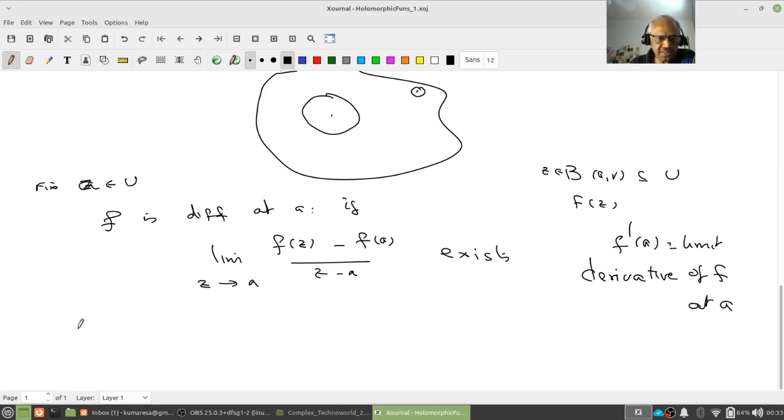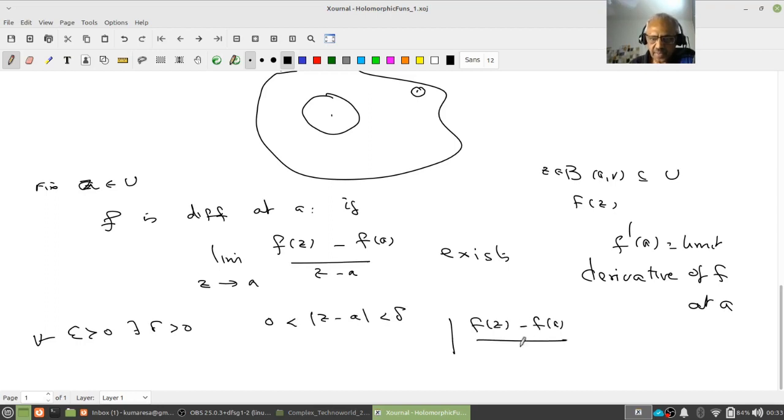So let's just recall, this means: give me any epsilon positive, there is a delta positive so that if the distance between Z and A is less than delta, then the distance between (f(Z) minus f(A)) by (Z minus A) minus f'(A) is less than epsilon.